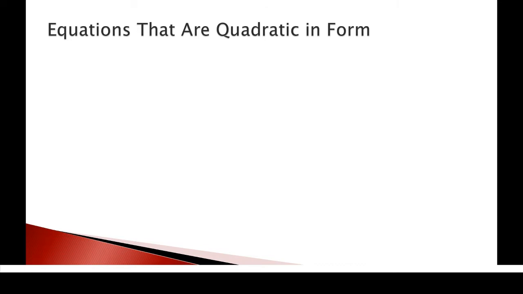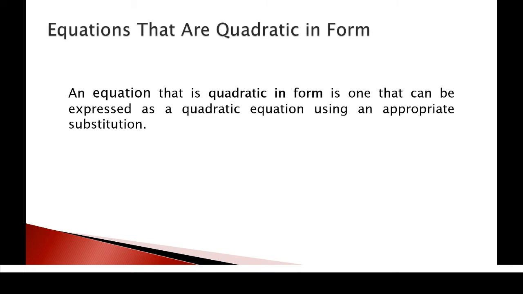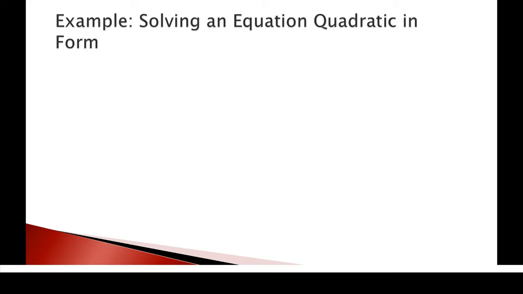Then as a last part, we are going to learn equations that are quadratic in form. An equation that is quadratic in form is one that can be expressed as a quadratic equation using an appropriate substitution. Let's learn about this by using an example. Here you have x to the power 4 minus 5 times x squared plus 6 is equal to 0.